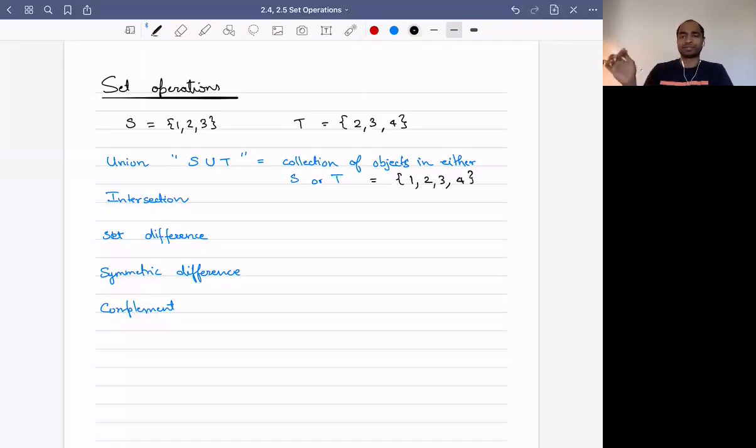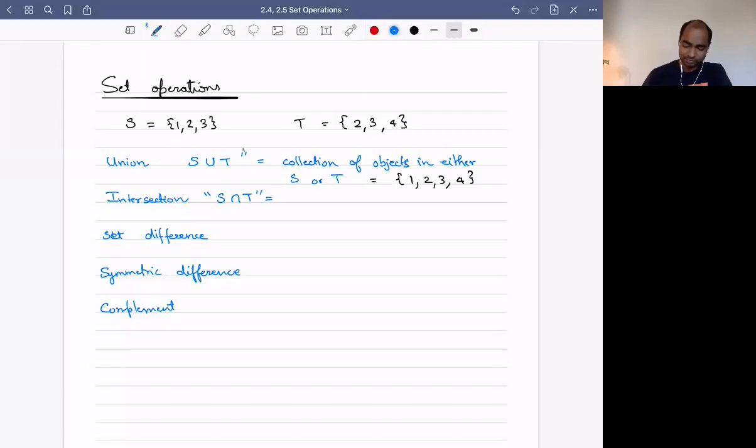So take the elements of both the sets and just put them together. And remember that we don't repeat elements in a set. So even though 2 occurs in both S and T, we don't write 2 twice. Similarly for 3.